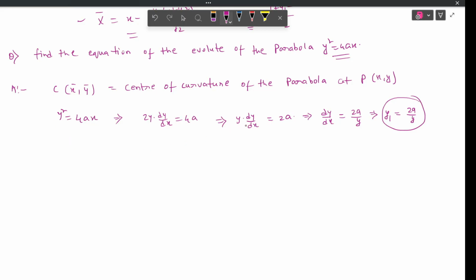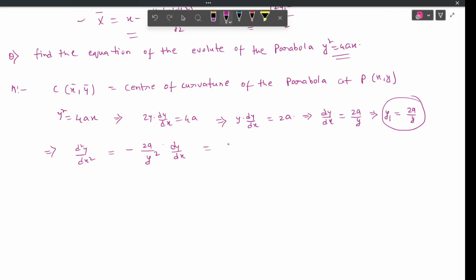Now again differentiate with respect to x, you will get y2. So d2y by dx square: if you differentiate this, y to the power minus 1, the differentiation of y to the power minus 1 is minus 1 by y square. So it would be minus 2a by y square, and the differentiation of y is dy by dx.